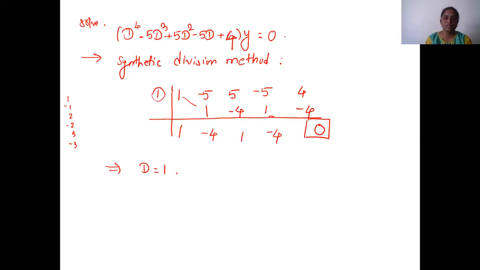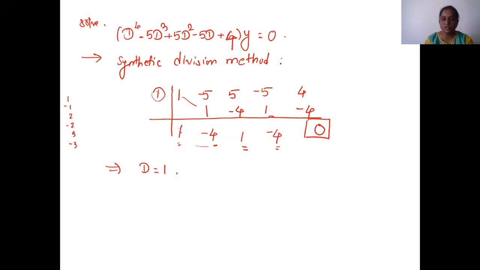Whatever this number is, it is the root. Okay. Now, here is one equation. This is the constant, this is the coefficient of D, this is the coefficient of D square and this is the coefficient of D cube.